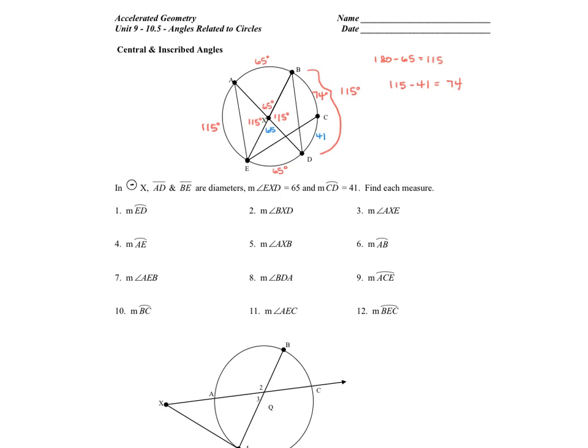So if I look at angle AEB, that angle intercepts arc AB, which is 65 degrees. And if an inscribed angle is half the measure of its intercepted arc, then the measure of angle AEB will be 32.5.